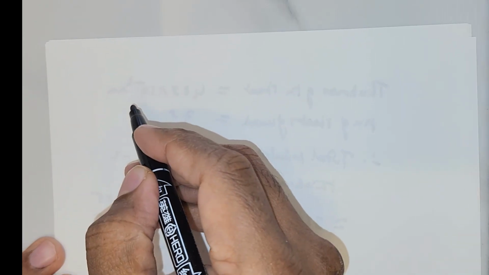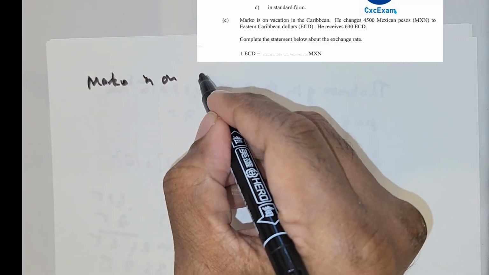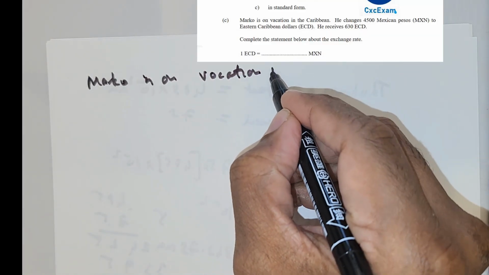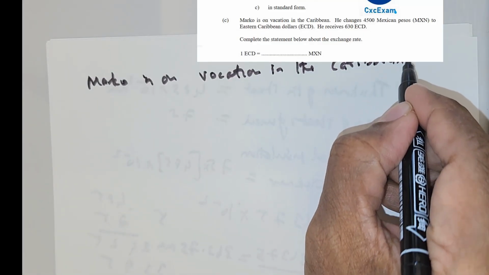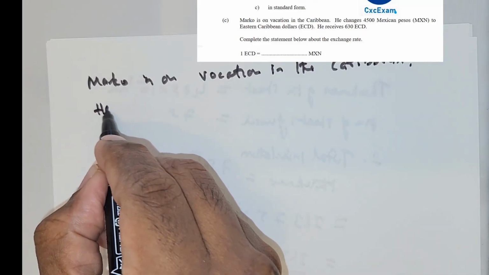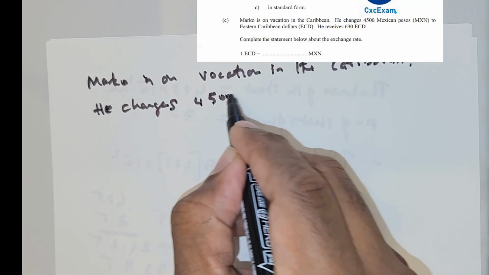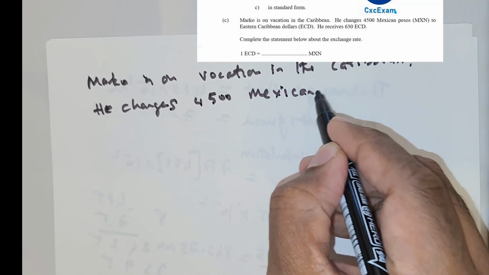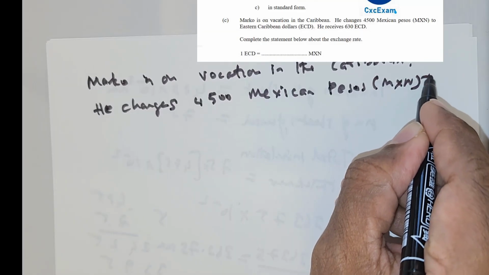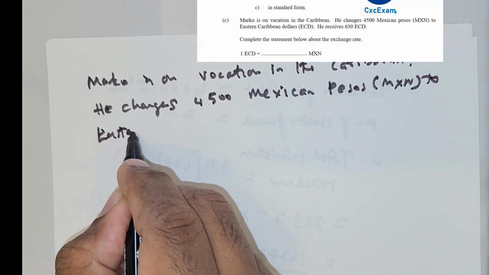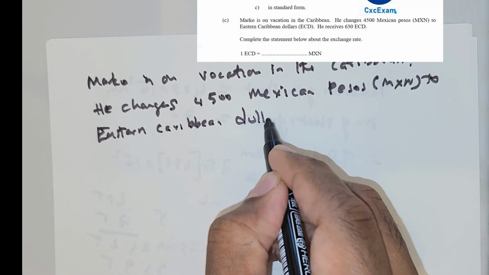Okay, so let me write the next question. Marco is on vacation in the Caribbean. He changes 4,500 Mexican pesos to Eastern Caribbean dollars.